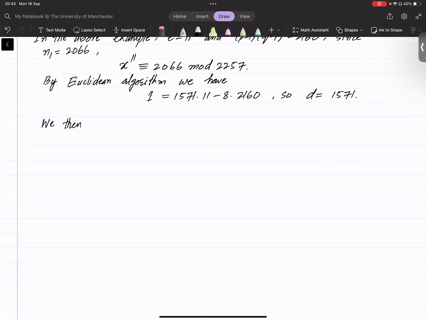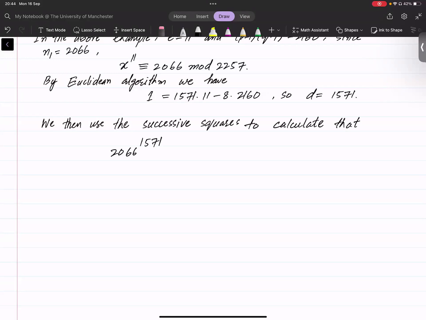We then use the method of successive squares to calculate that 2066 to the power 1571 is congruent to 191 mod 2257. So M1 is 191 of the original message.